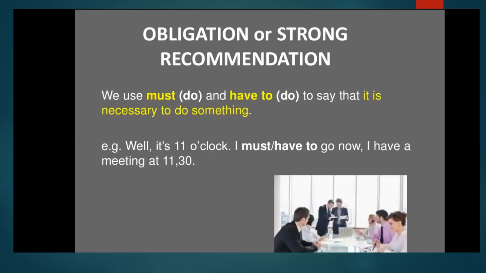Now, next one. Here you can see there is a strong obligation, must, that we have given. Now, what's the difference between these?